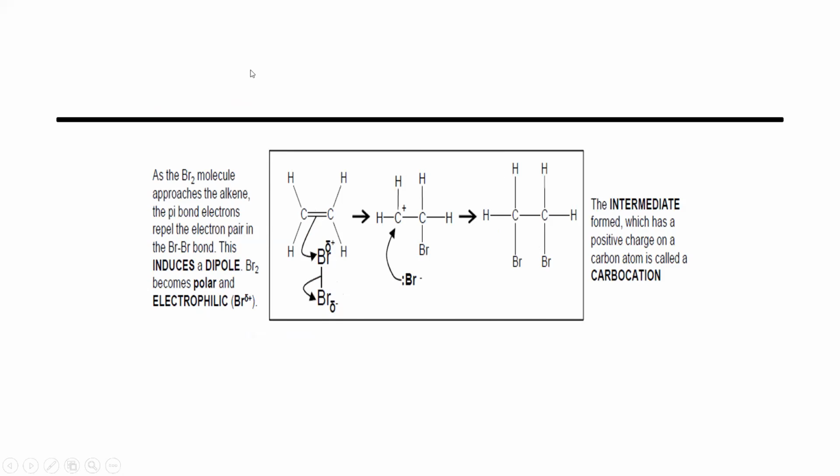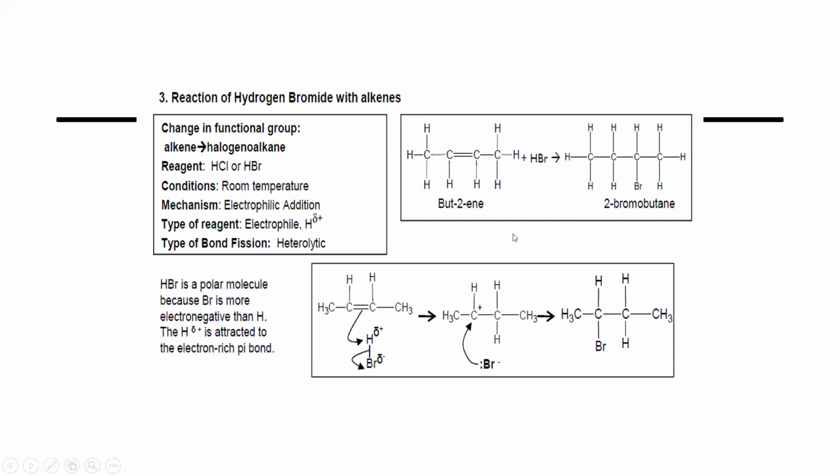Major and minor product is possible when we have an asymmetrical alkene which does not have any symmetry. If it is a symmetrical alkene, there is no major or minor product. There is only one product. So partial positive and negative is attracted towards the electron rich side. Bromine will take both of the electrons.